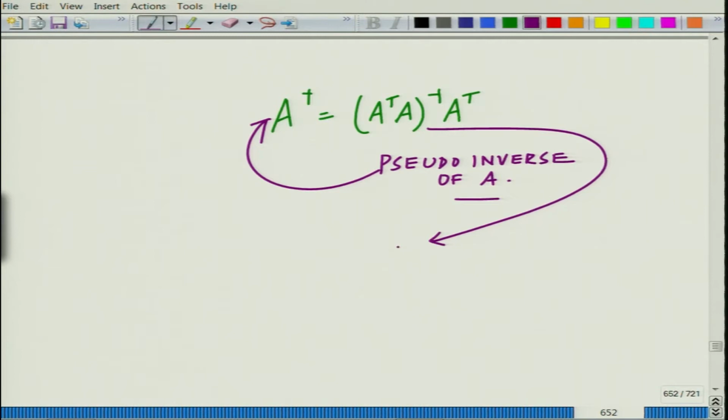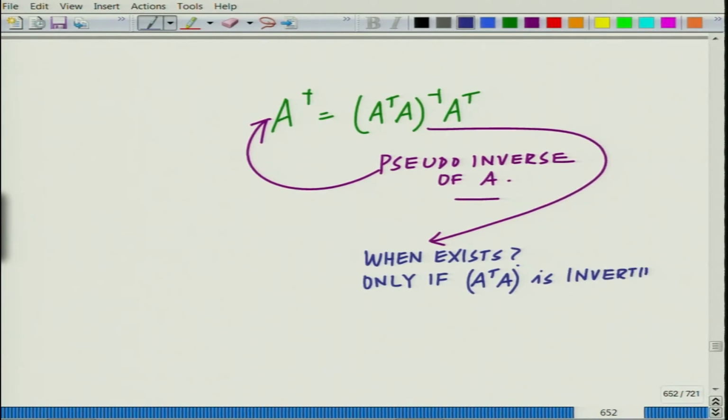This exists only if A transpose A is invertible. So, we are asking the question, when is A transpose A invertible? When can we write it in this form? Can we always write it in this form?